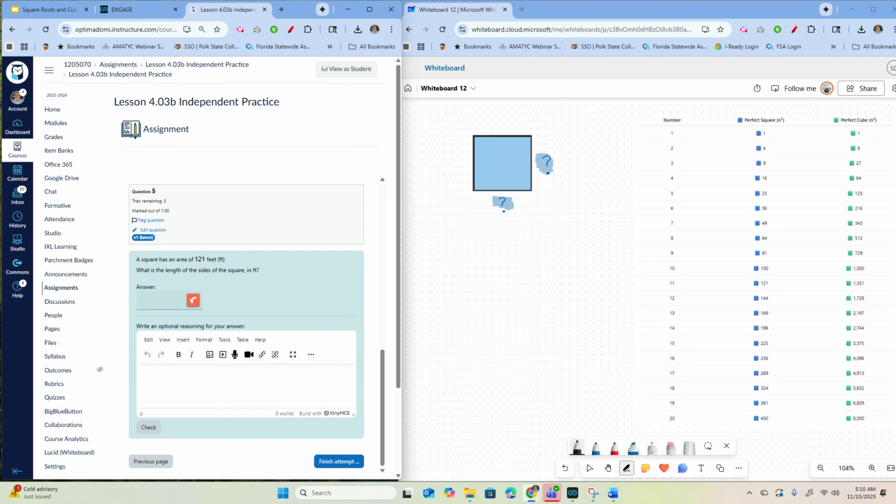So basically, imagine this problem. I'm going to change the number. Instead of using 121, I'm going to use a different number. So imagine that a square, so here's the picture of the square, has an area of 144. Okay, and they're asking you how much are the sides of the square. Remember, all the sides of the square are exactly the same.